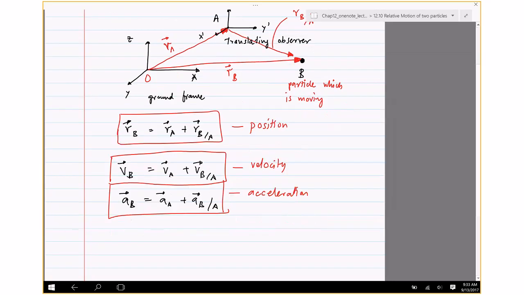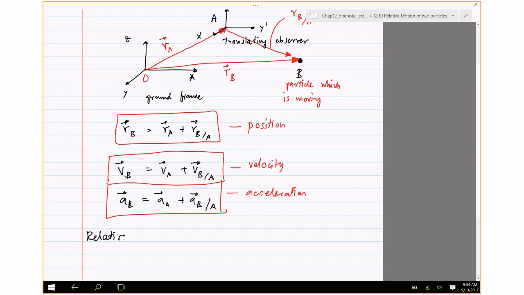So relative velocity, VB with respect to A, is simply VB minus VA.